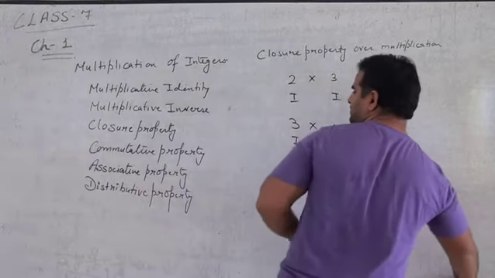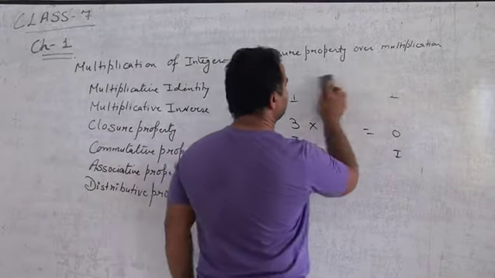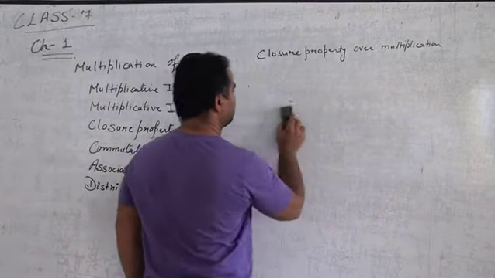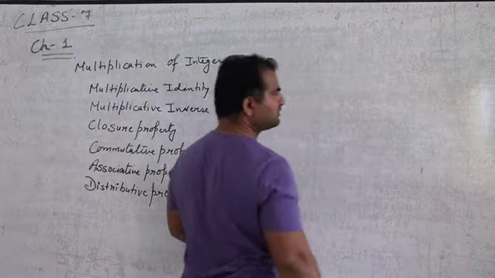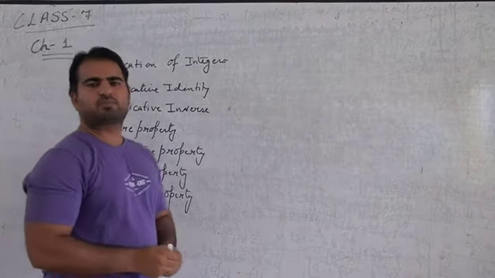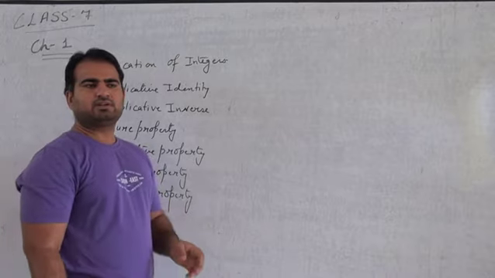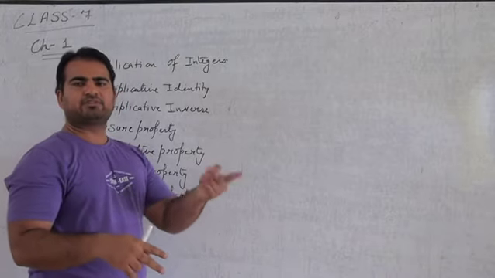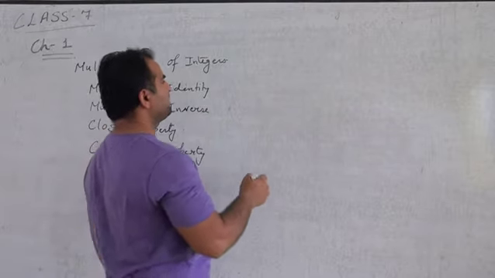Next is the commutative property. What is the commutative property? If we multiply two integers, the answer will be the same if we reverse the order.